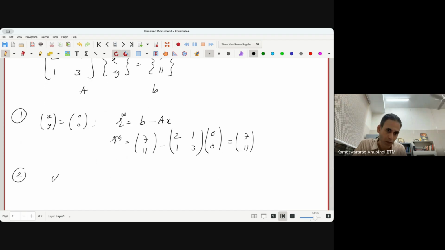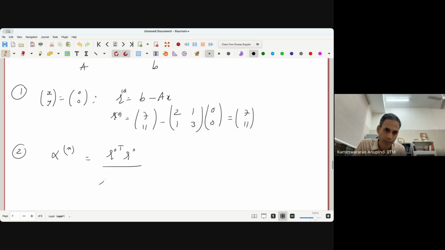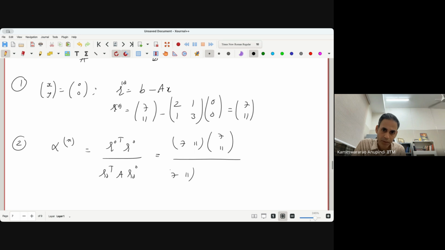Then what is my step? My step is alpha n equals R0 transpose R0 divided by R0 transpose A R0. What is R0 transpose R0? That is 7, 11 times 7, 11, which is 7 squared, 49, plus 121.